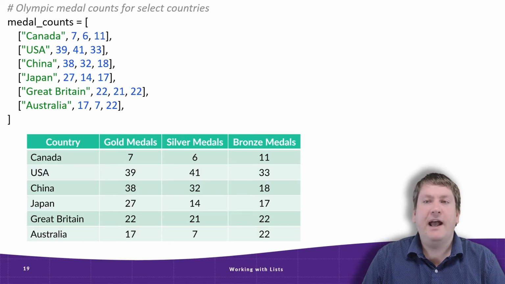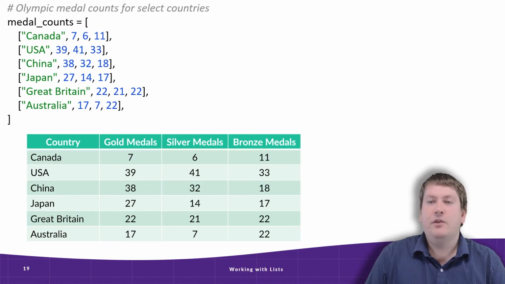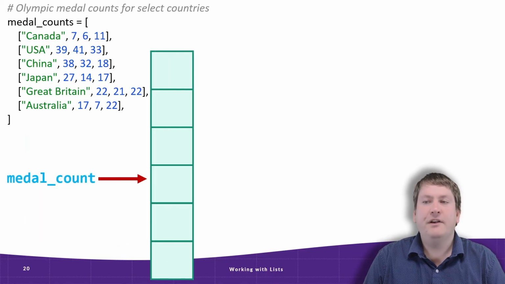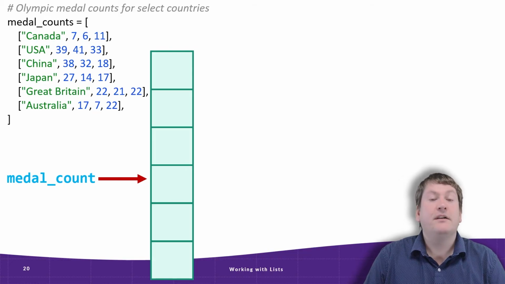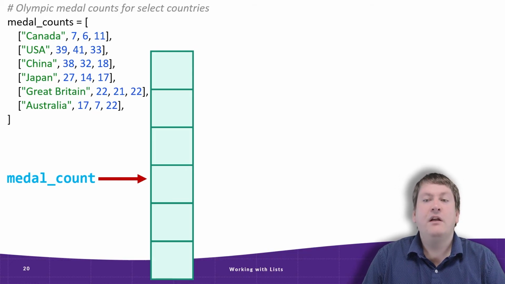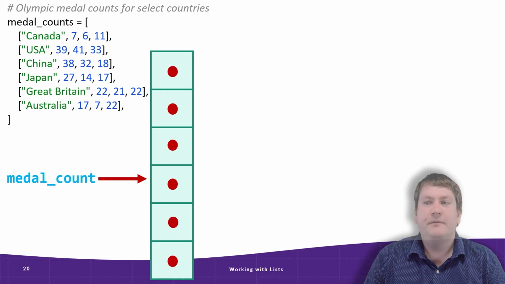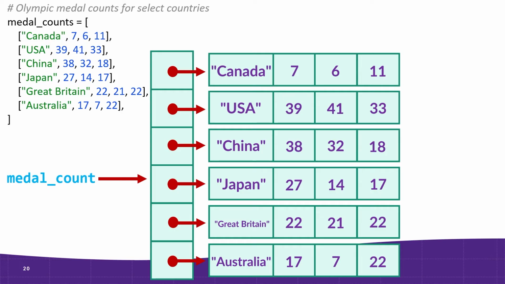And you can see that we have both outer square brackets and inner square brackets. And the way this is working is we're making a reference to a list, which is a list of lists. So see, each element in this list called medal count is actually a reference to another list. So we could represent that like this.